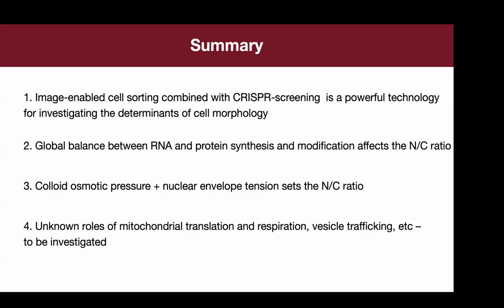So it's a thought experiment. You see two different types of cells, one with high NC and one with low NC ratios. When you say that there is more transcription, do you think that this is just an interim phase, so that there will be more transcription and then eventually the translational machinery would catch up and the cell itself would get bigger? Is the ratio kind of like an interim stage?